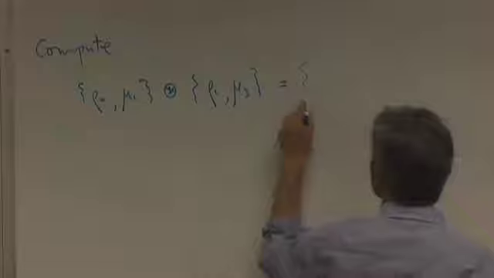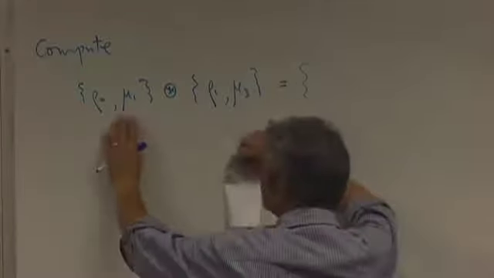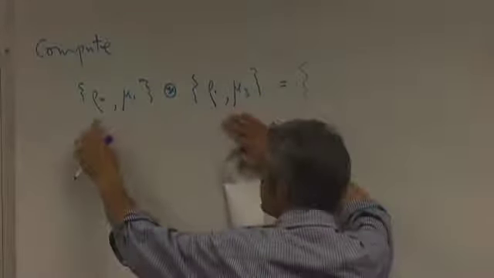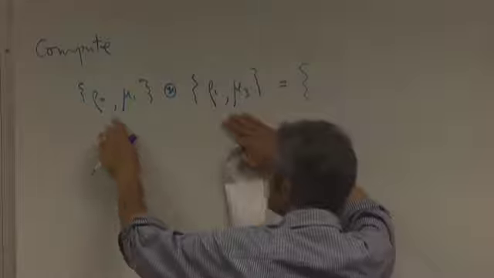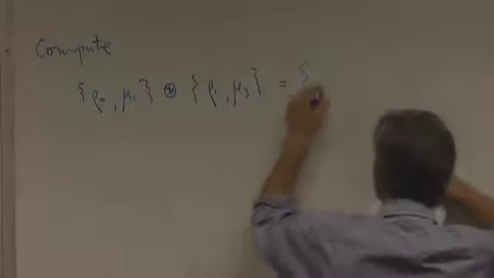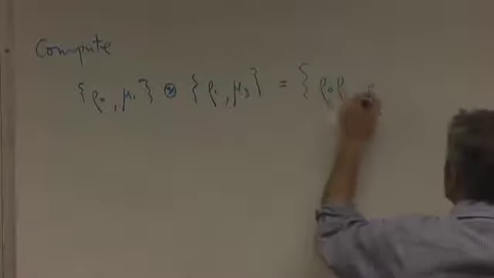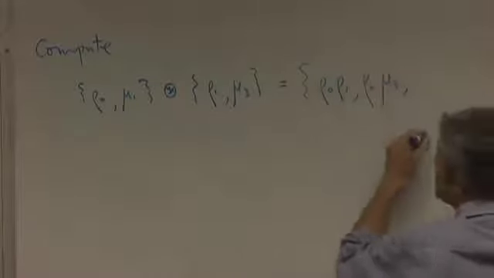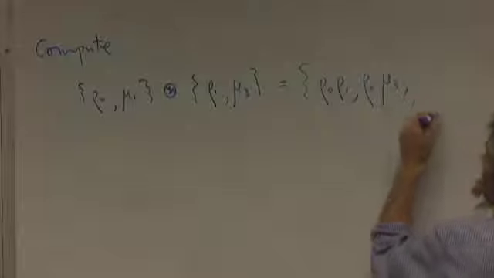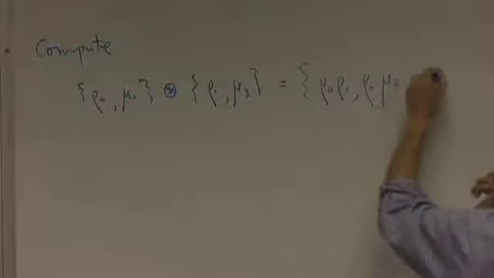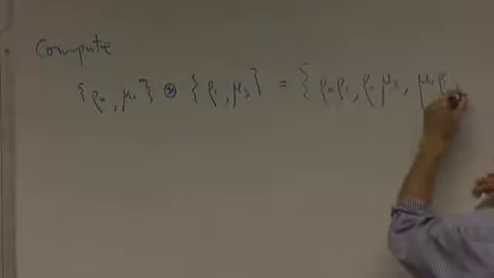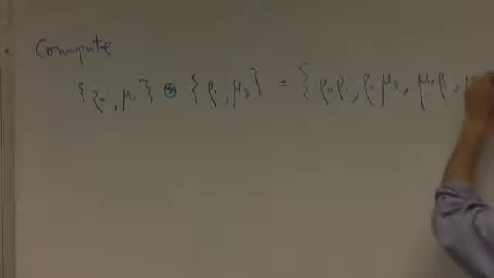Well, this is, by definition, the set product. In other words, what I'm going to ask you to do is simply pound out all of the possible combinations that you can, where you take something from this set and combine it with something from this set. So the first thing is row 0, row 1. The second thing is row 0, mu3. The next thing is mu1, row 1. The next thing is mu1, mu3.